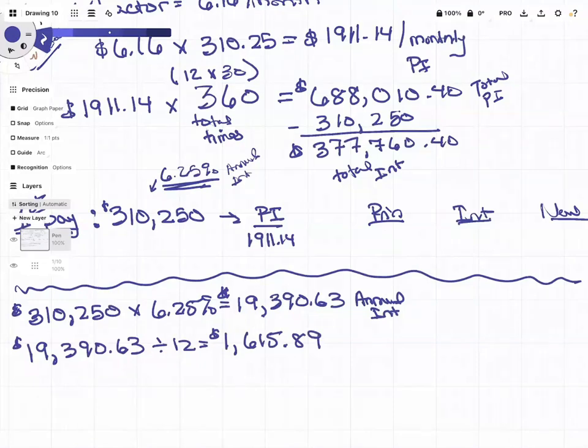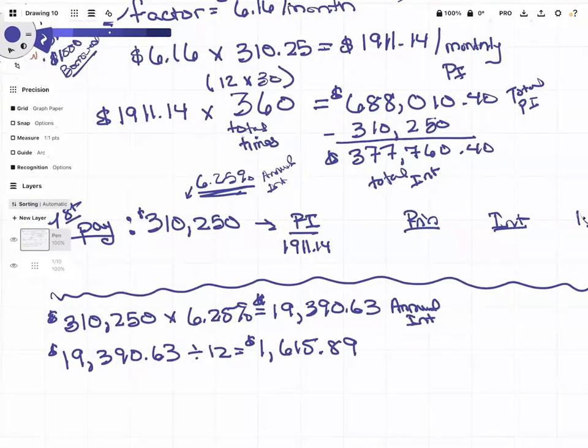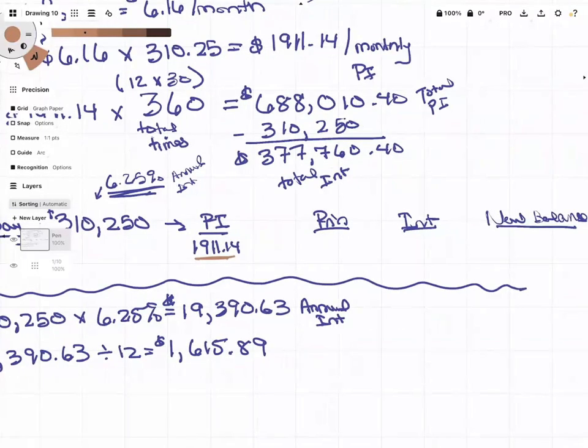So we know you paid 1911.14, and of that, 1615.89 is interest. So how do we find the principal amount? If you wrote a check for 1911 and 1600 of it had to go to interest, how much would go towards principal then?